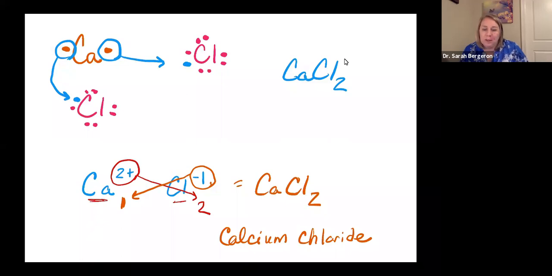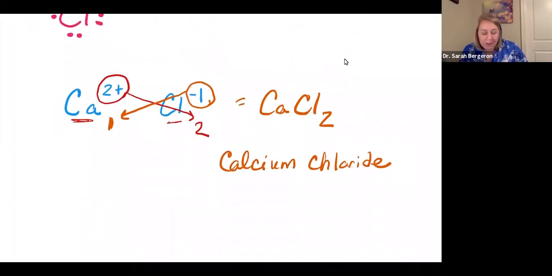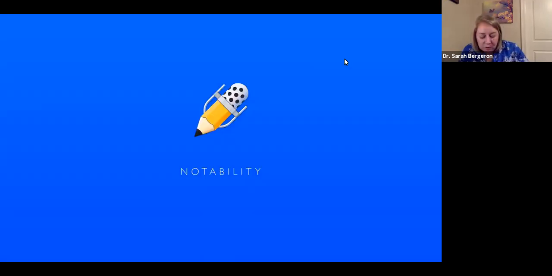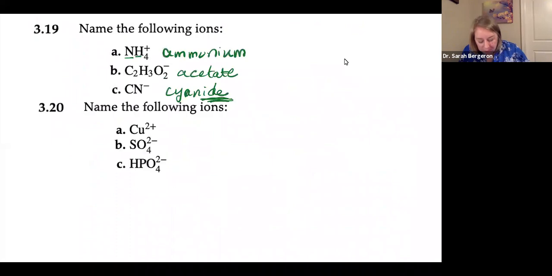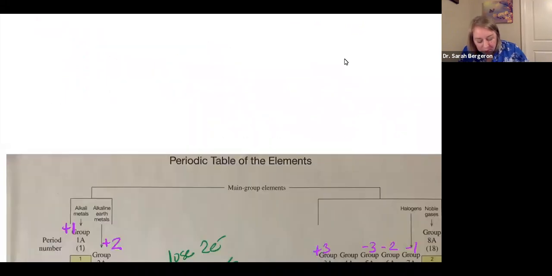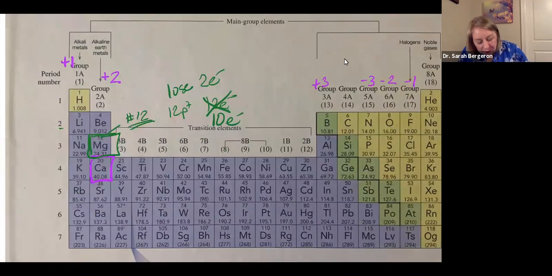The only thing that you have to worry about is what if you had something where you had 2 of the same charge. So let's go to our periodic table. Any periodic table would be good, right? And let's pick something like calcium and sulfur. So calcium's a 2+, sulfur's a 2-.